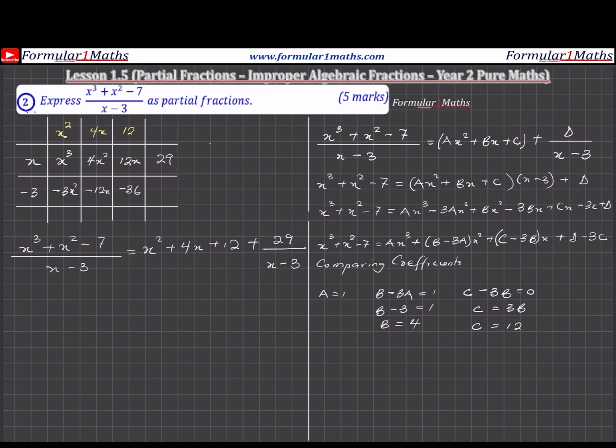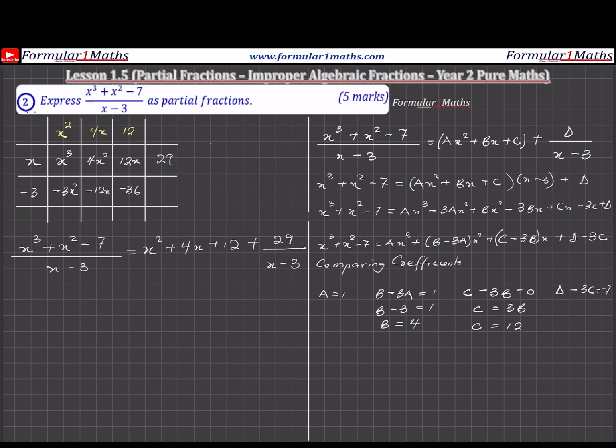And then finally, the constant term on the right-hand side is d minus 3c, and the constant term on the left-hand side is minus 7. So we can say that d minus 3c is equal to minus 7.